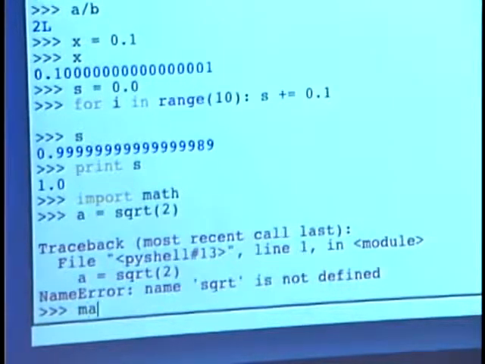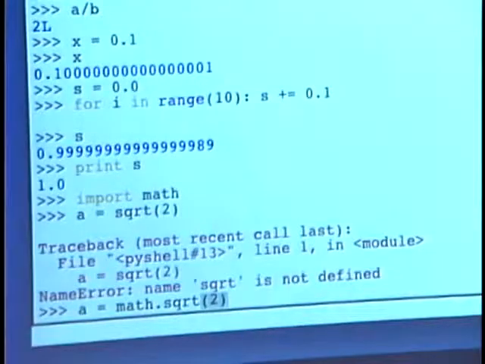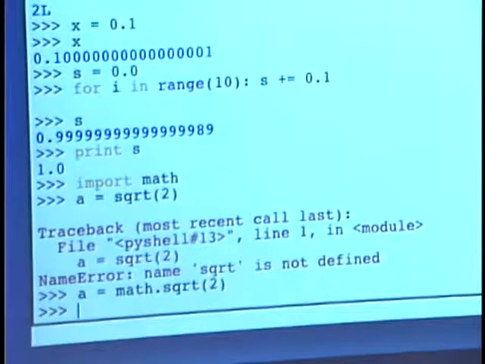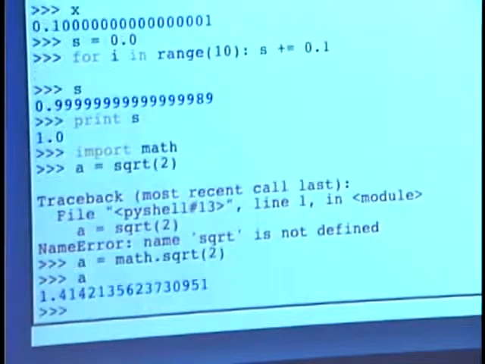Because what I should have said is math.sqrt(2), explaining to the interpreter that I want to get the function sqrt from the module math. So now I've got a here, and I can look at what a is. It's some approximation to the square root of 2.